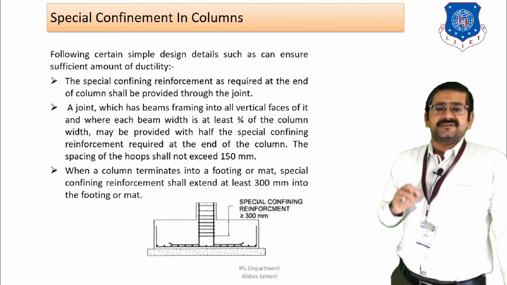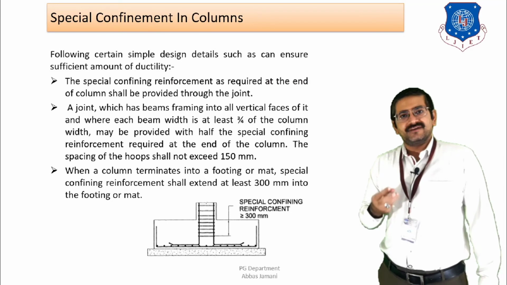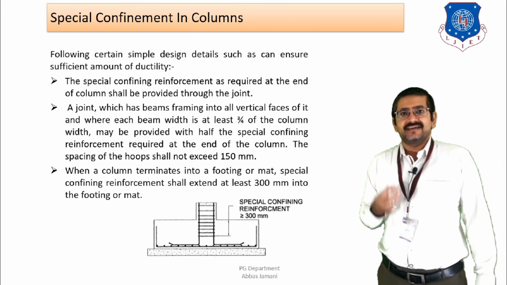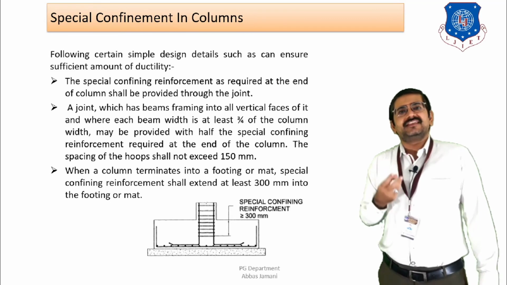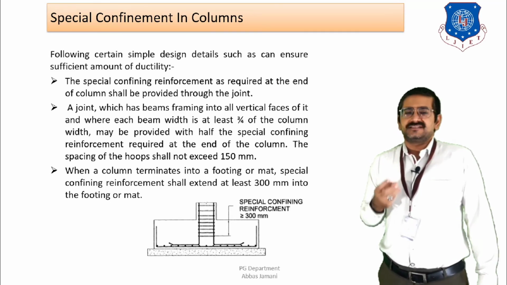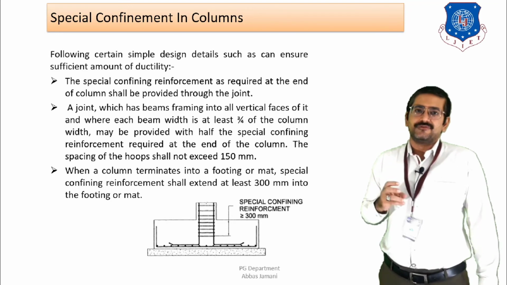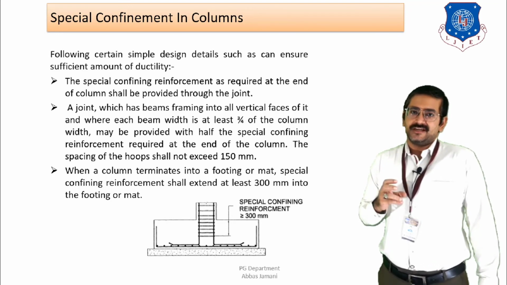Lastly, we come to the special confinement near the column and footing joint. Near the column and footing joint, IS 13920 is saying that the special confinement reinforcement should extend at least 300 mm inside the footing, in the case of beam footing joint also.